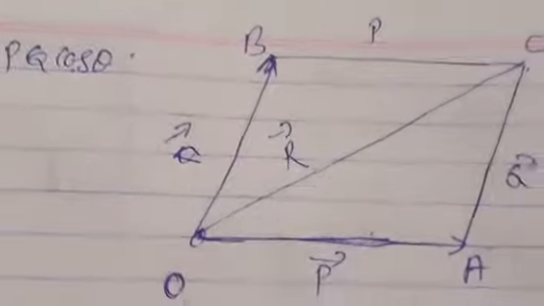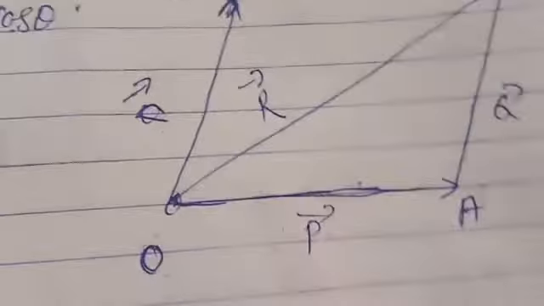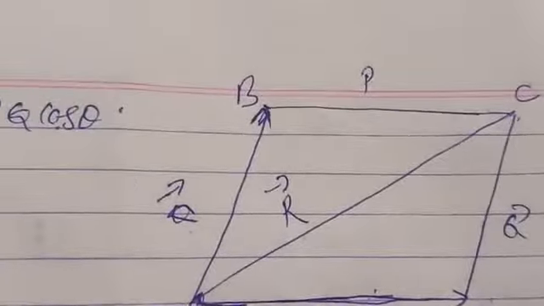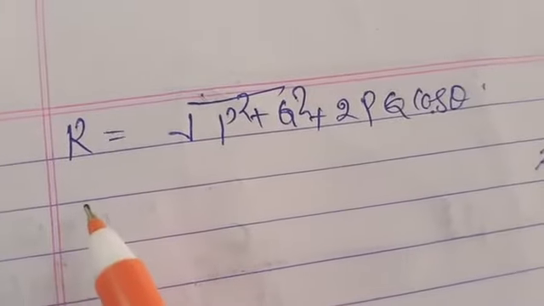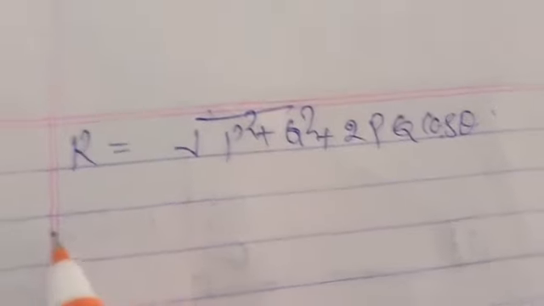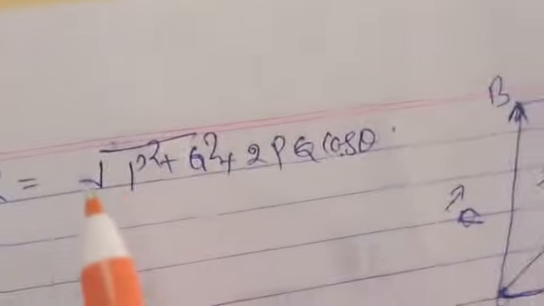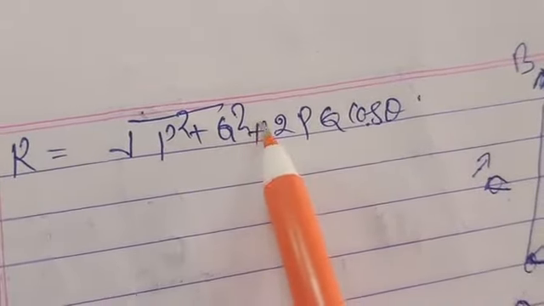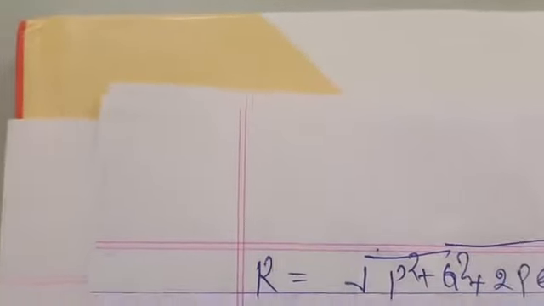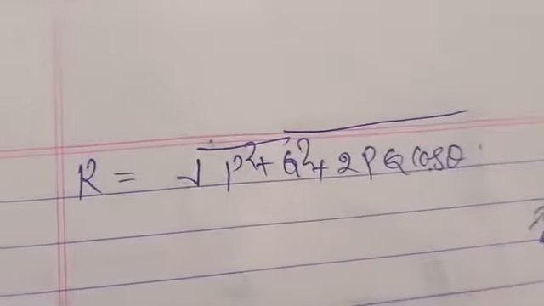Okay, so we can understand it like this: R, the resultant of the forces P and Q, is equal to the square root of P squared plus Q squared plus 2PQ cos theta.